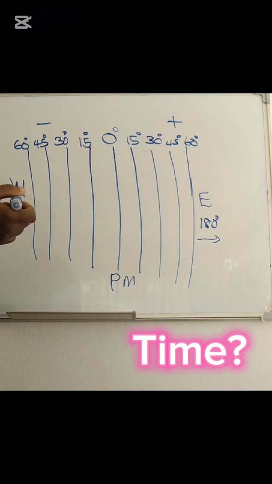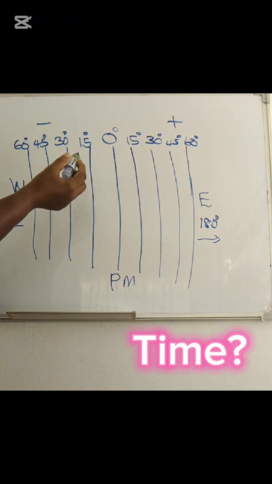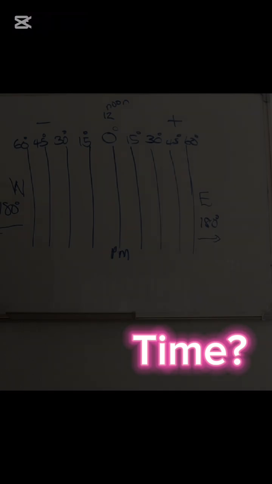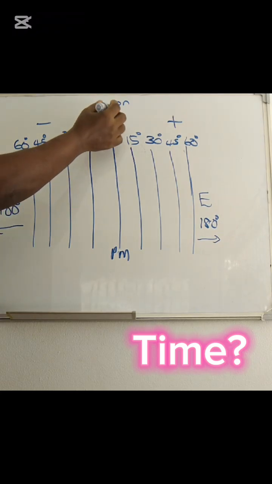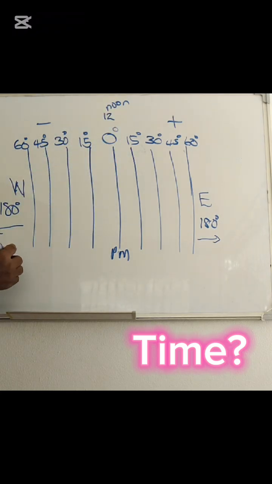Okay, right. So let's look now at some of the things that you'd actually see on your CSEC paper. Okay, let's look at this example. If it is 12 noon at Greenwich, let me write it.